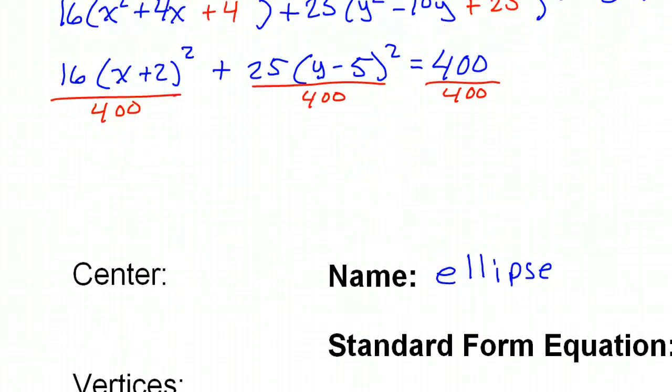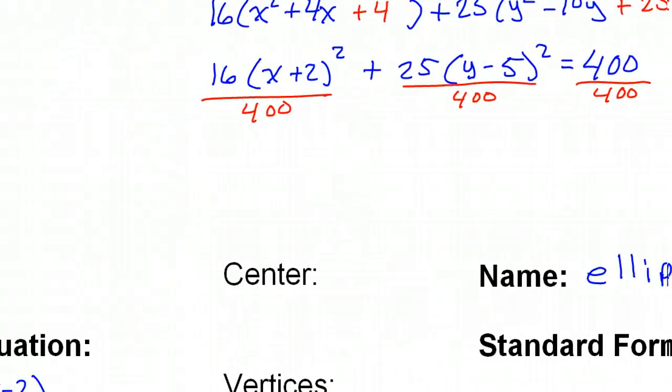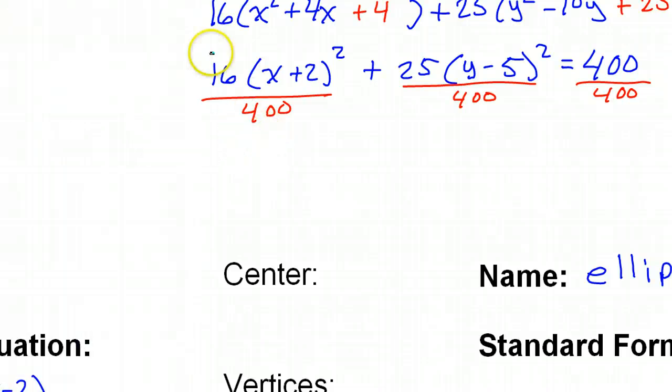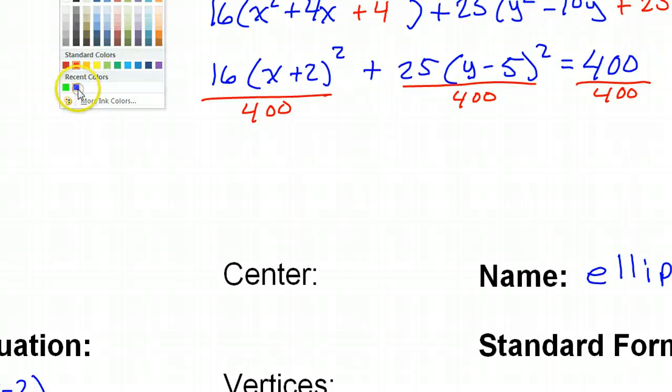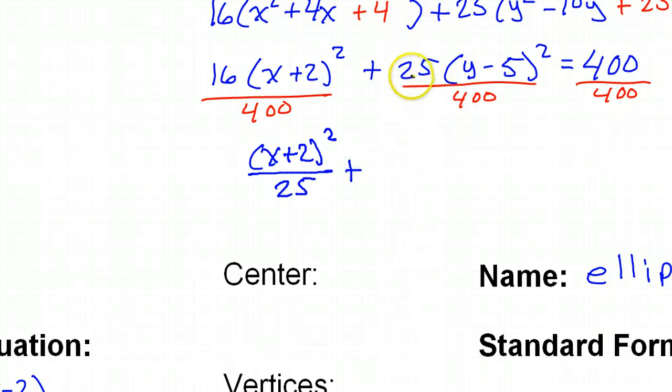16 goes into 400. So 400 divided by 16, that's 25. So this will be x plus 2 squared over 25. But that means 25 goes into 400 16 times.